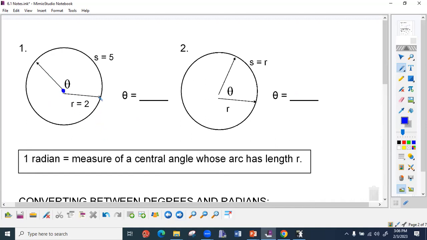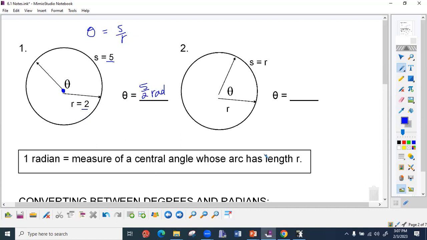It wants to know what is the measure of this unknown angle. On the front, we wrote that theta equals S divided by R. Well, what is our S? What is our R? So our angle measure is 5/2 radians.